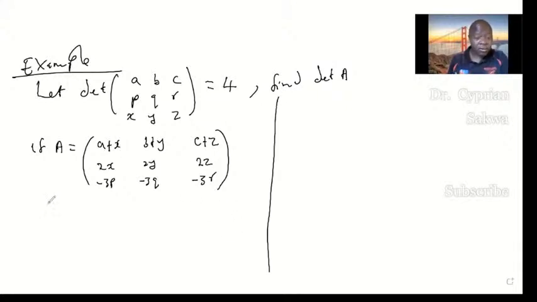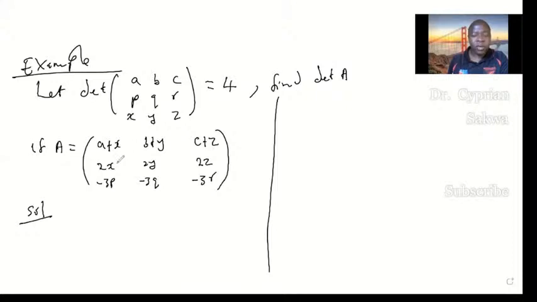So how do we proceed from here? To tackle this question, we have to use the theorem that we just looked at. We know that if we add a row, or a multiple of another row, to another row, the determinant will just be the same.